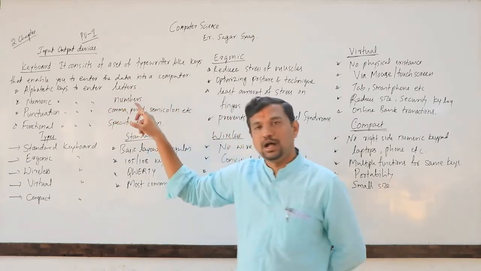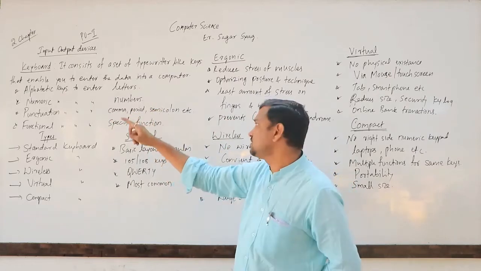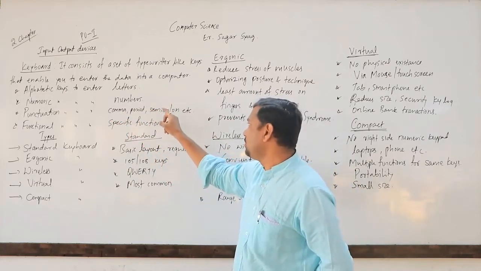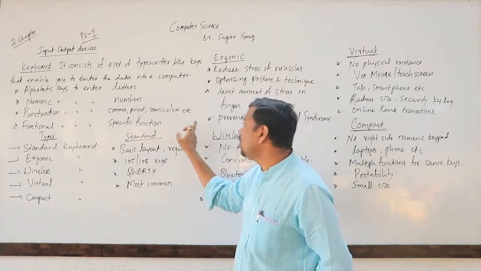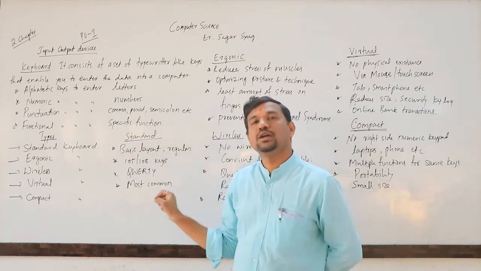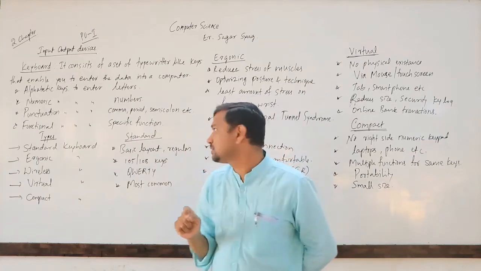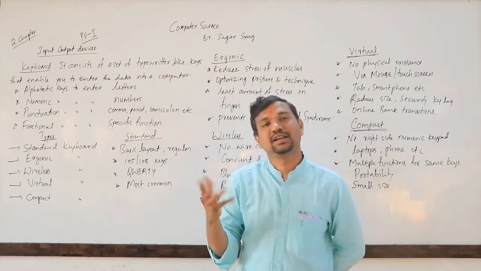Alphabetic keys enter letters, numeric keys enter numbers, punctuation keys enter comma, period, semicolon, and functional keys enter specific functions. This is all regarding keyboard.